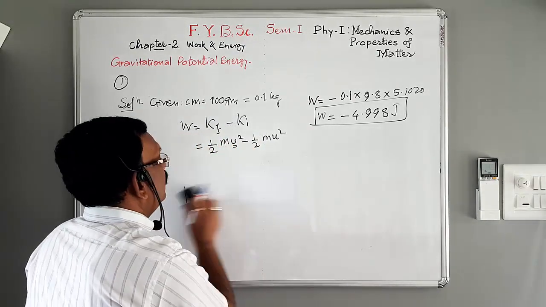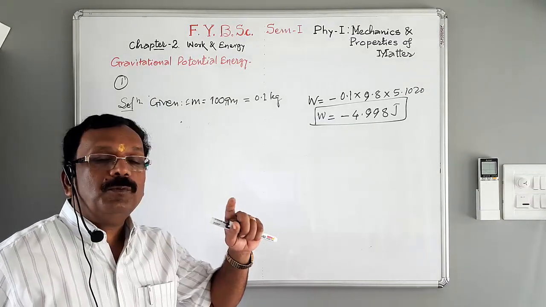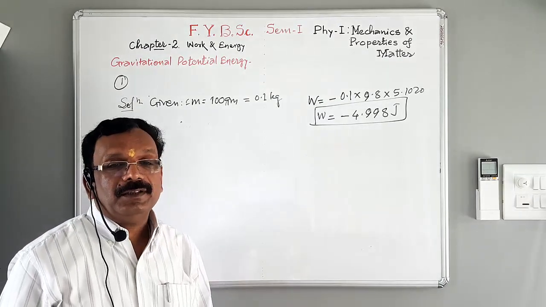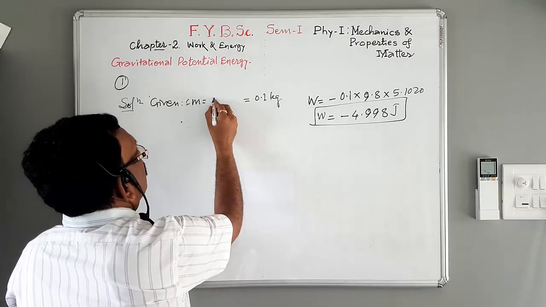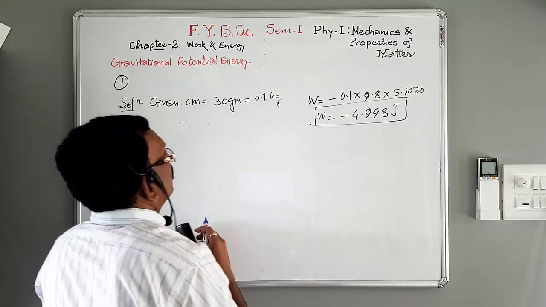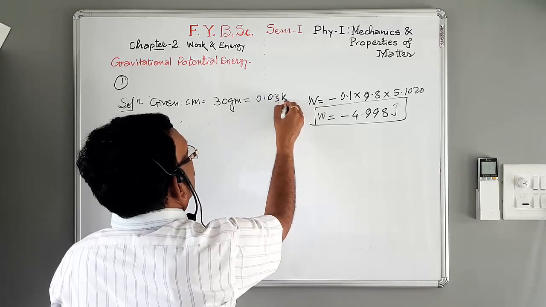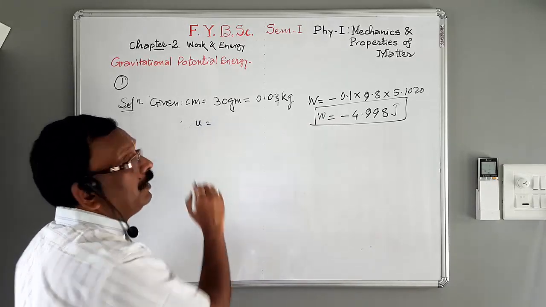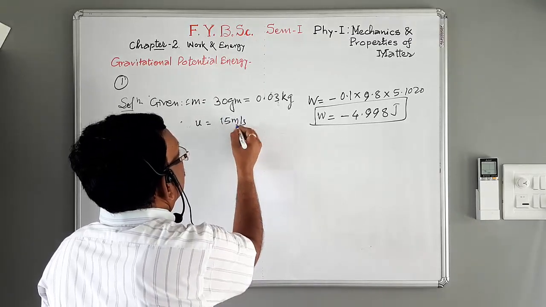Now I am giving you the same problem as homework, and you have to solve it using the same method. Only I am going to change the mass to 30 gram. That means when you convert it, its value will be 0.3 kg, and initial velocity u is equal to 15 meter per second.